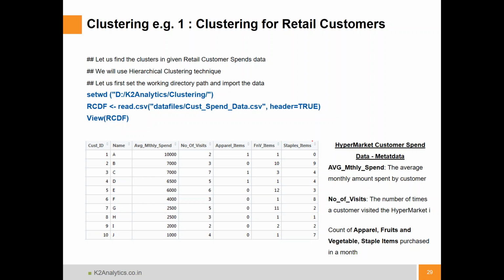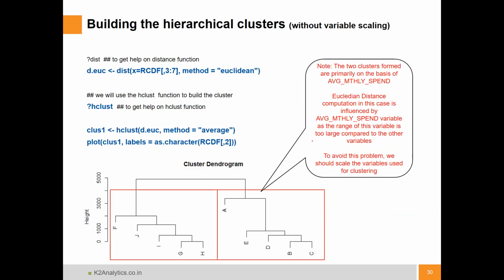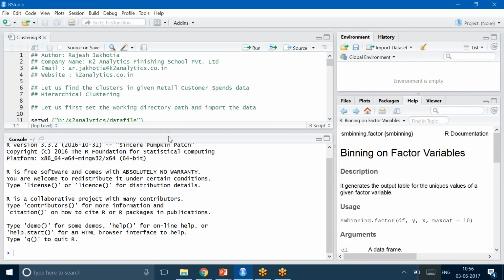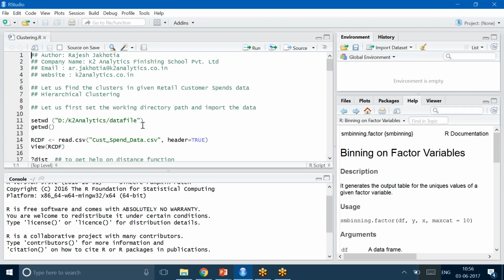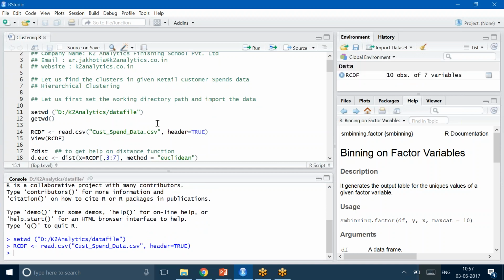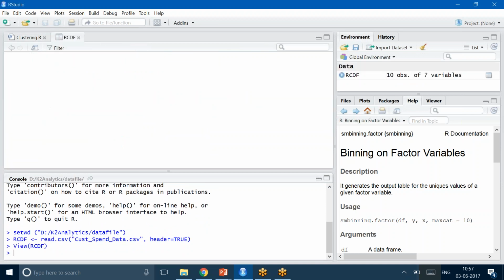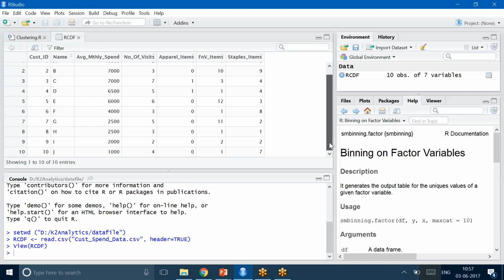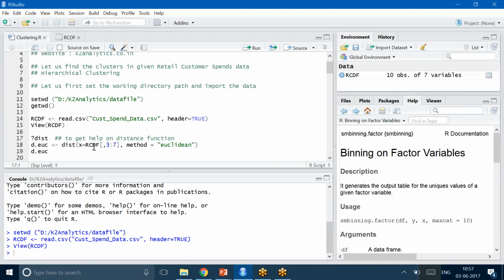So these are the 5 variables. At a data level, no issues. Now we have to do clustering of these. As always, I'll first set my working directory, and then I'll import the data. The data which was shown on the screen, the same data is here, 10 records. Now I want to find distance.